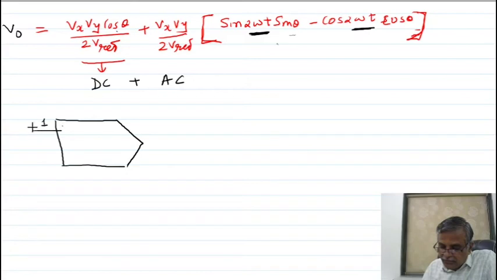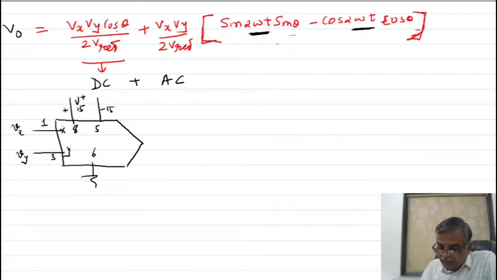This is your pin number 1 Vx, this is your pin number 3, this is your Vy, this is your X, this is your Y, pin number 6 is ground. V positive, we are keeping plus 15 volts. Here we are giving minus 15 volts. Your pin number 2, this is your 6.